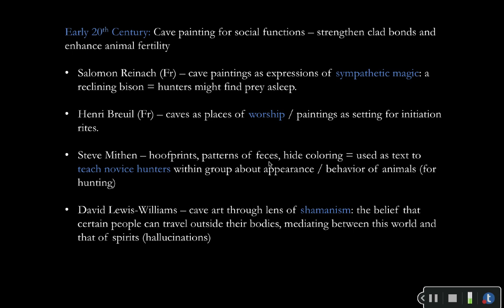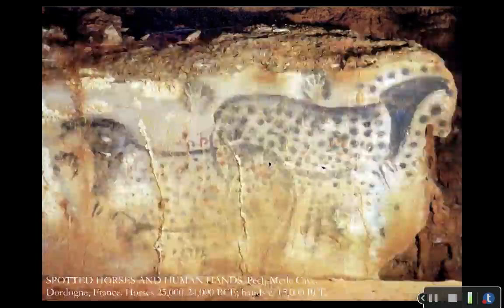And then again, years later, we have a couple other theorists, Steven Mithen, who thinks about the hoof prints, the patterns of feces, and the hide coloring as being kind of a textbook for novice hunters, so teaching devices, right? So within a group, young hunters would be taught about the local animals and their behaviors by looking at these paintings.